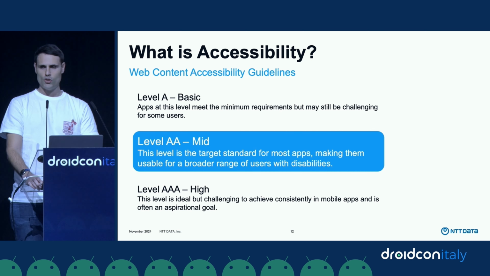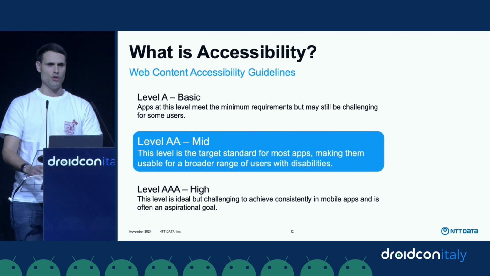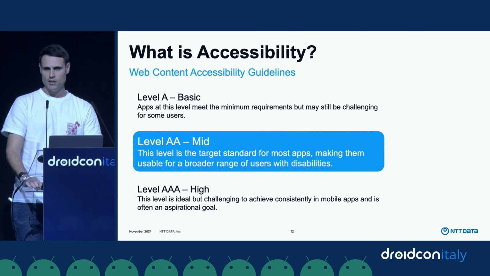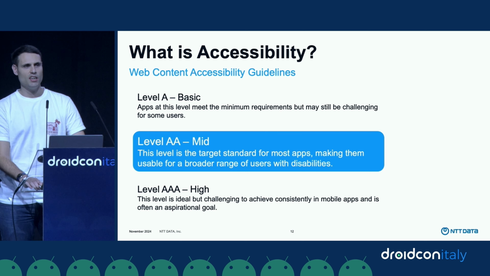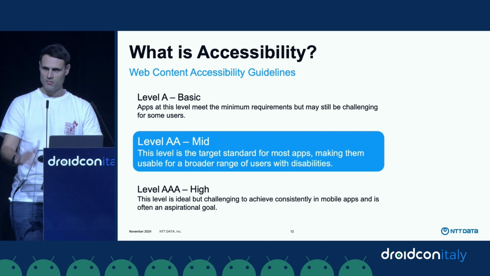The first level is a basic one. Then we have the second level, AA, which is the level we have to address to be compliant with the European Accessibility Act. By addressing this level, our app can be used by pretty much anyone. And then we have the third level, which is level AAA, the highest level possible. It is quite challenging to achieve in mobile apps, and it's not a requirement, but if you want to do so, go ahead for it.